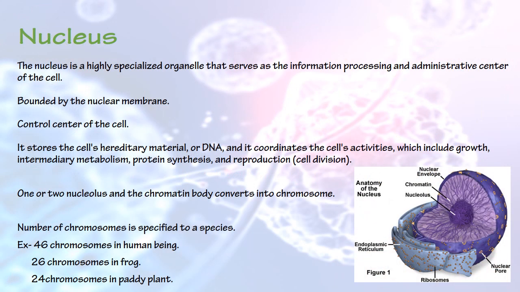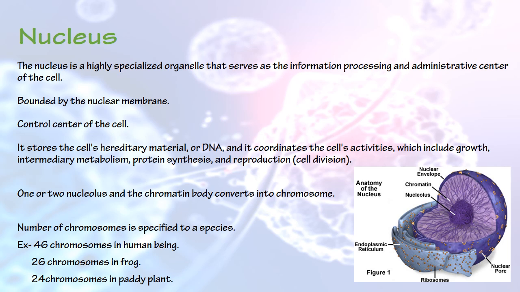As we saw earlier, the nucleus is the major controller of the cell, which carries the hereditary material DNA. Okay, let's read this slide. The nucleus is a highly specialized organelle that serves as the information processing and administrative center of the cell.